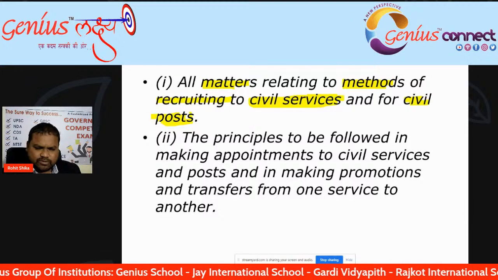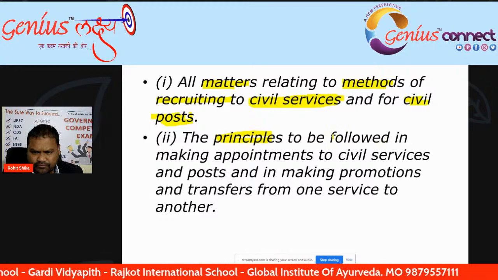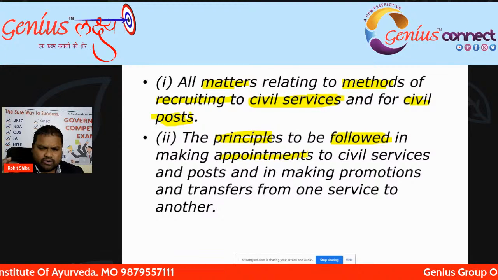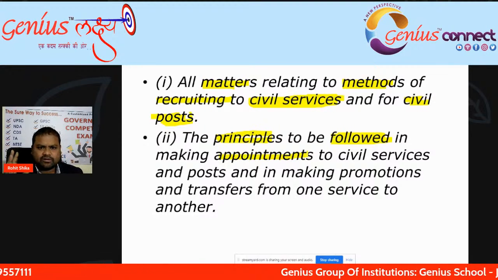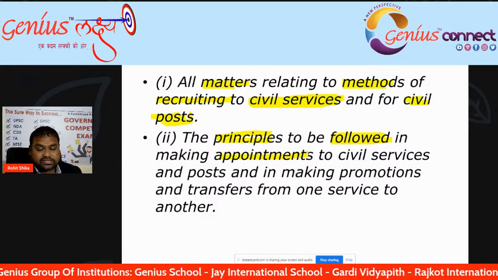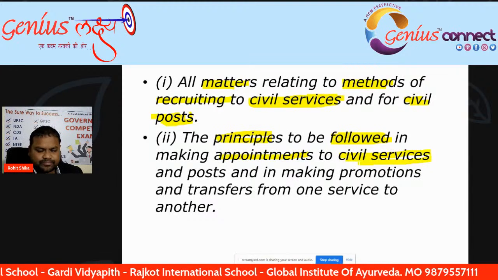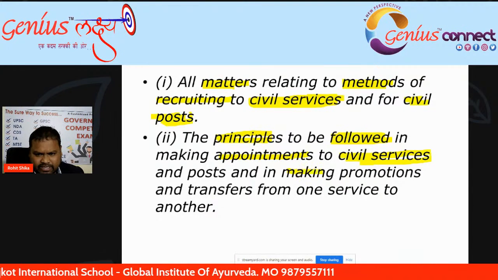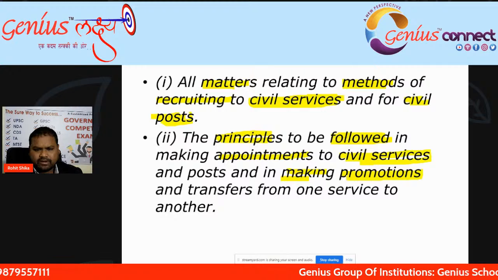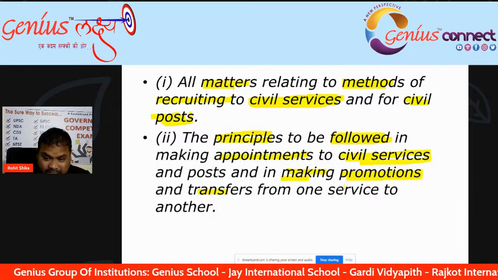Also, it is responsible for the principles to be followed in making appointments, what rules and regulations should be followed for appointments to the civil servants or to the various civil services posts, and in making promotions and transfers from one service to another service.